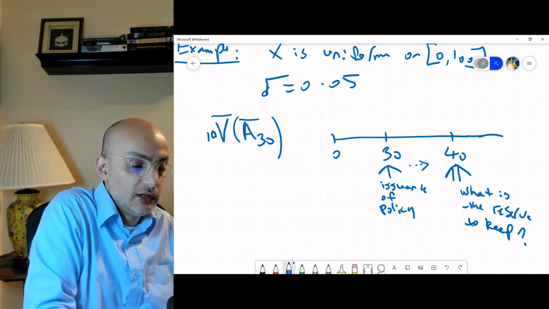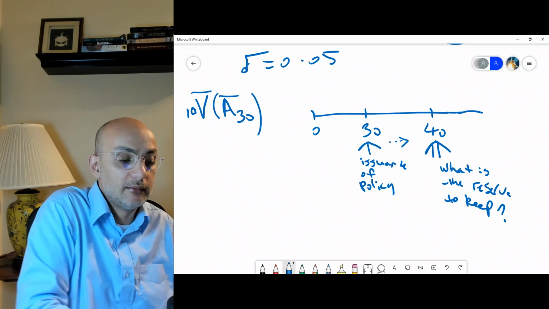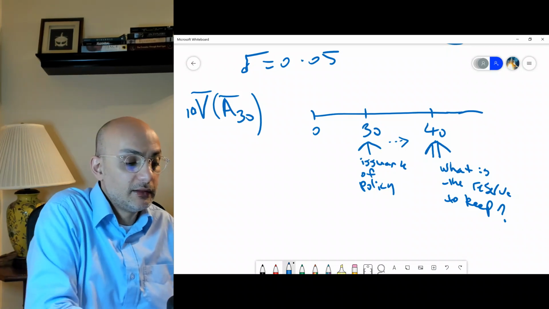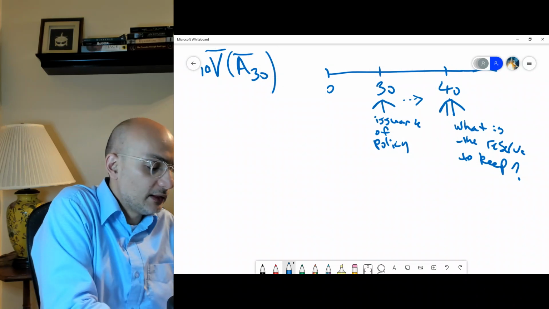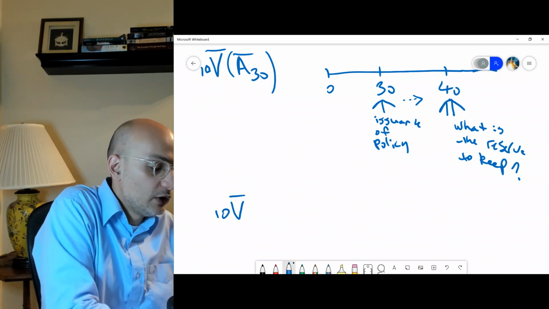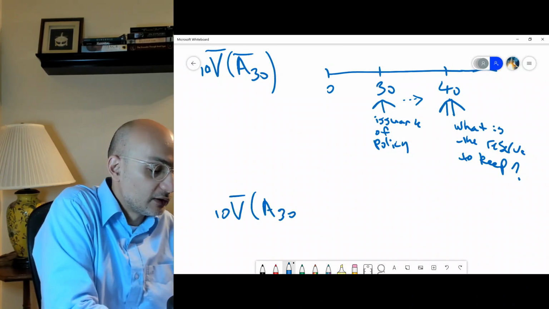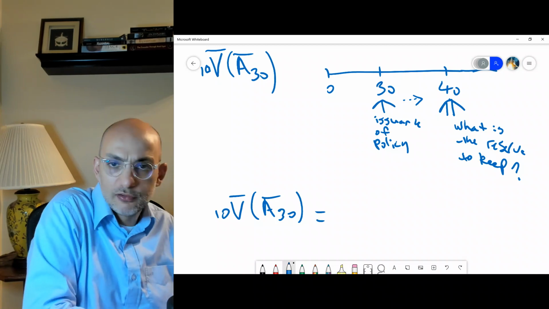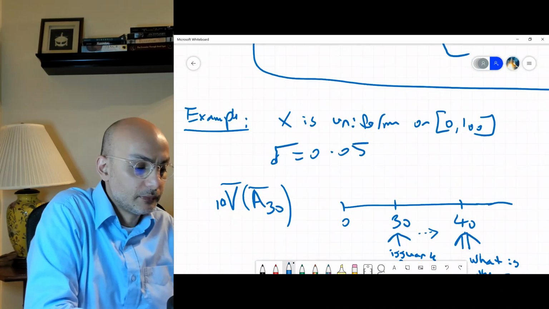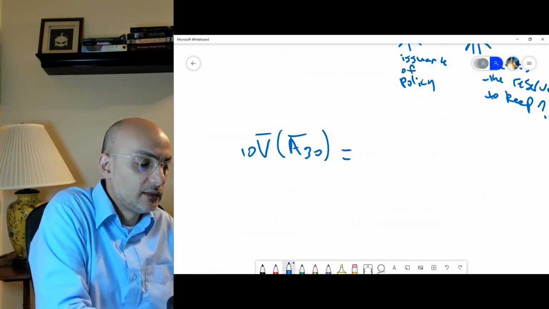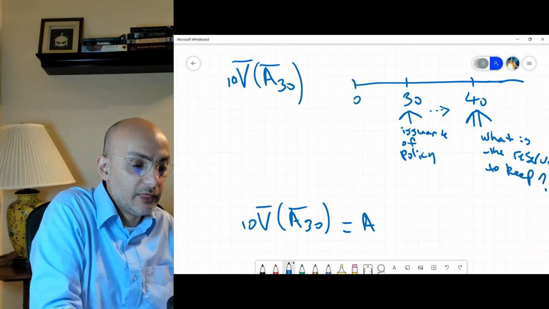So this question is, what is the reserve to keep? We are at age 40, but it's issued at age 30. So let's always in actuarial mathematics write the equation and see what you have and what is missing. This one is straightforward, we apply the rule. Remember which rule we're going to apply? This one. So at time 10 we're looking at the future.